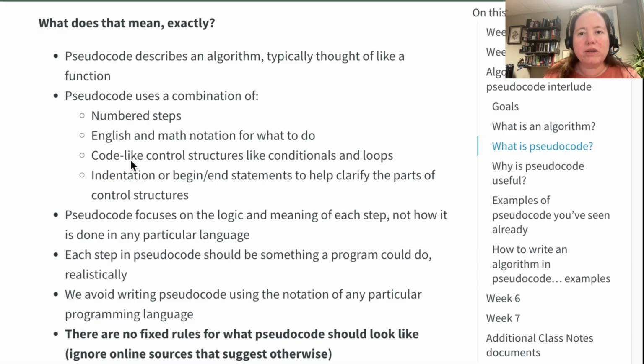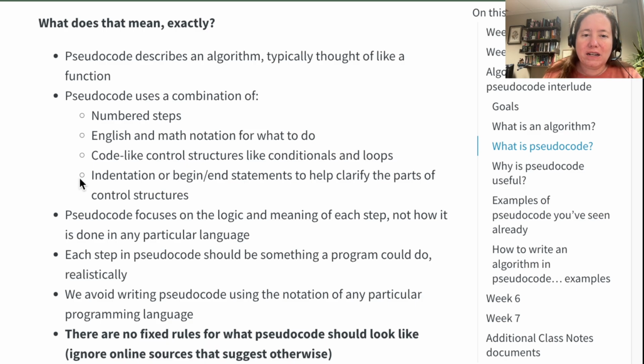In particular, we use if statements, conditionals, and we use loops that might look kind of like for loops or while loops, which we're going to learn fairly soon. You can also do things like variable assignment. That's perfectly fine. You can have a statement that looks like a print statement and so forth. So we can incorporate pieces of code-like notation without it being tied necessarily to any particular programming language.